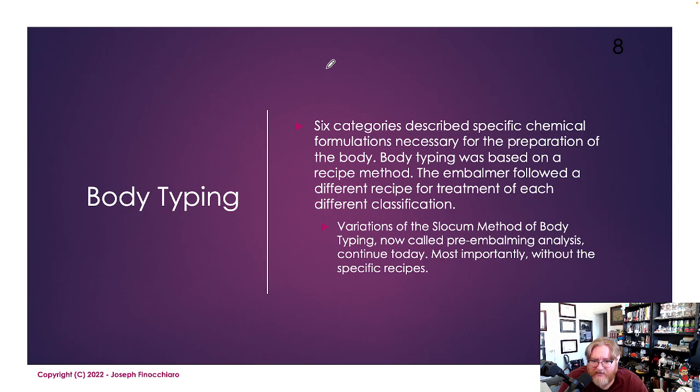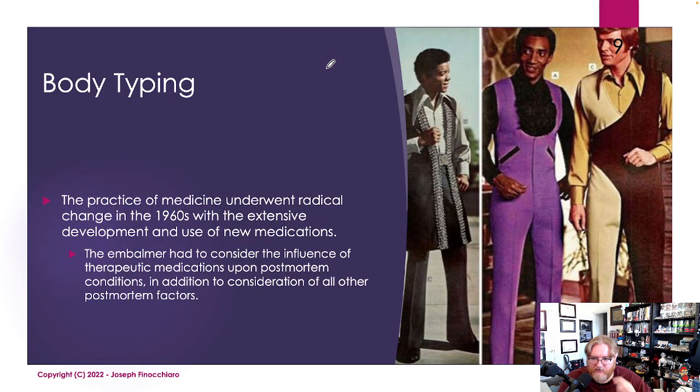Body typing was based on a recipe method. The embalmer followed a different recipe for treatment of each different classification, and variations of the Slocum method of body typing, now called pre-embalming analysis, continue today, most importantly, without the cookie-cutter specific recipes.